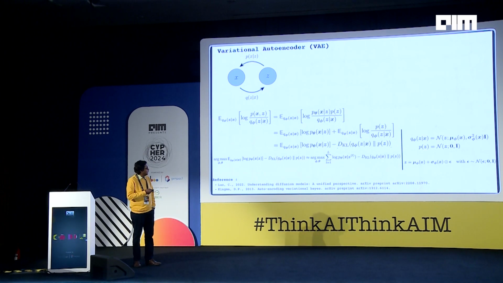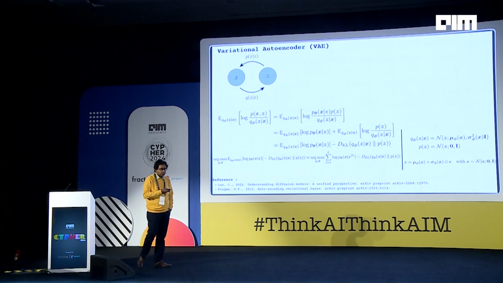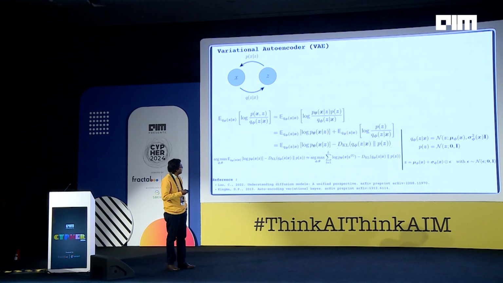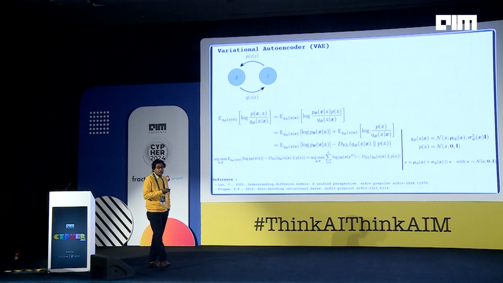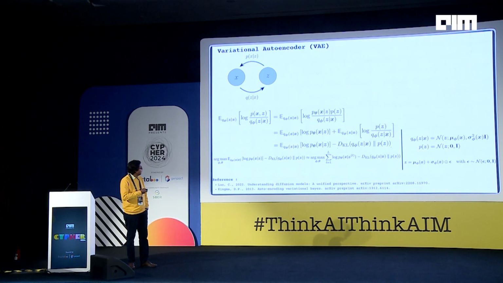That means ideally there is no covariance apart from the variance, so you can force it to follow a certain Gaussian distribution. However, the reconstruction would get slightly compromised, okay?